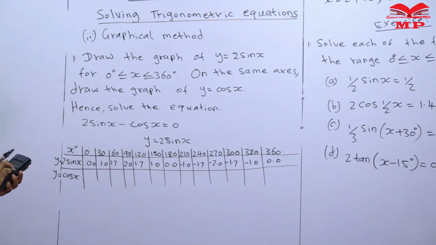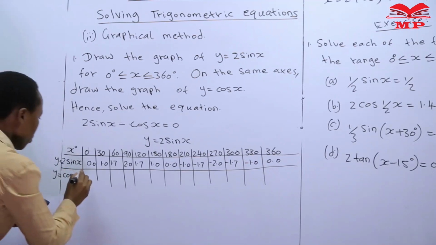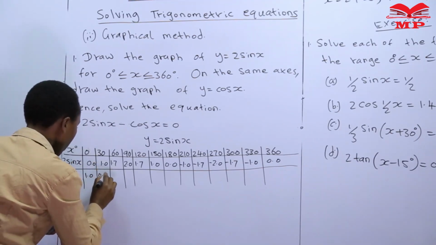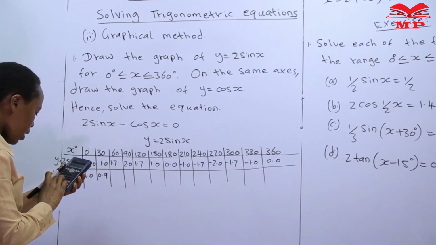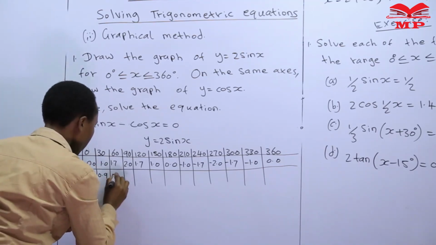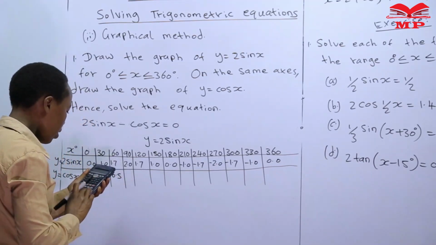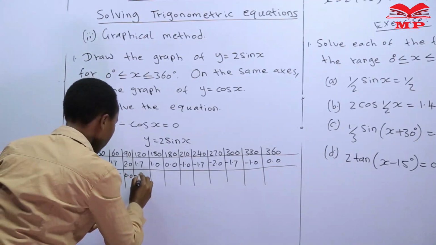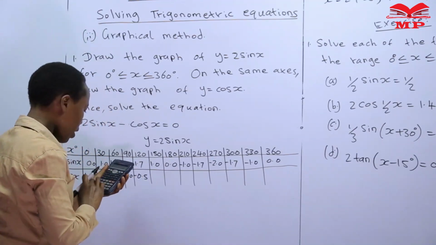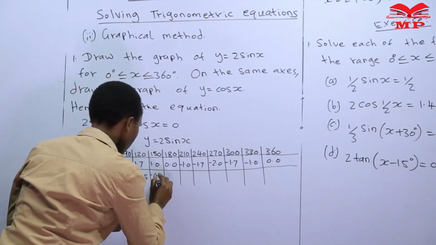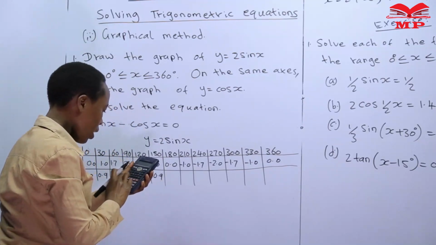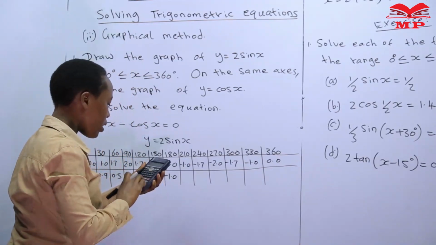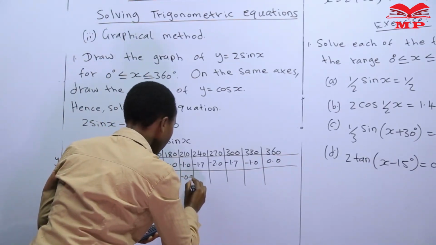Then we have cos x. Cos 0 is 1. Cos 30 is 0.9. Cos 60 is 0.5. Cos 90 is 0. Cos 120 is negative 0.5. Cos 150 is negative 0.9. Cos 180 is negative 1. Cos 210 is negative 0.9.